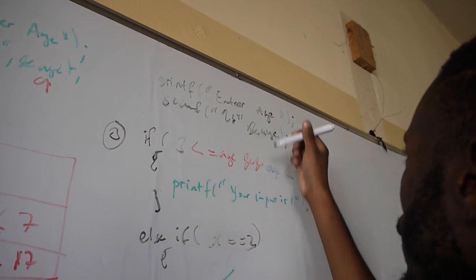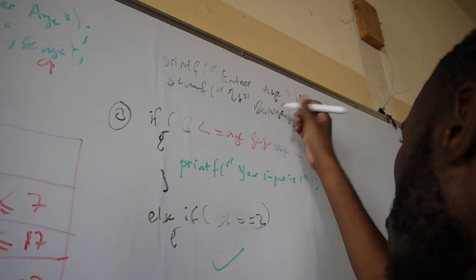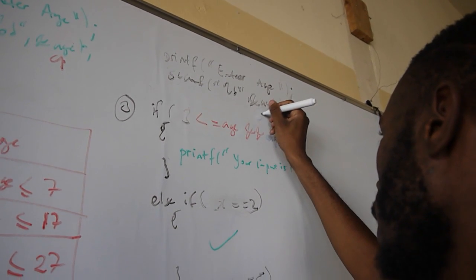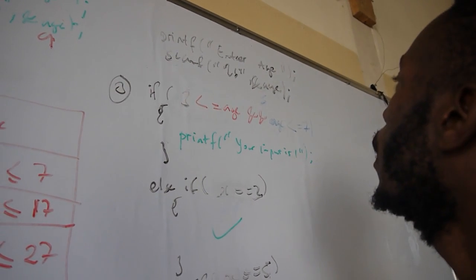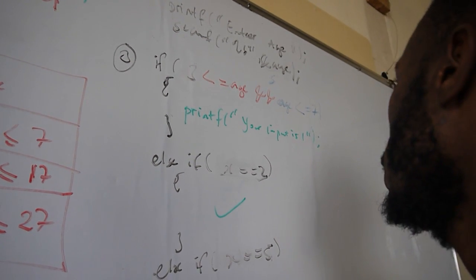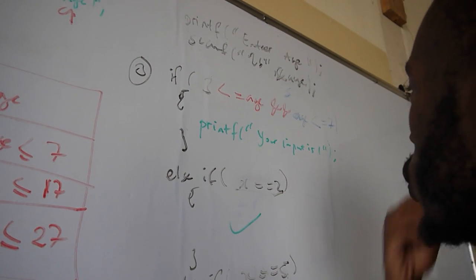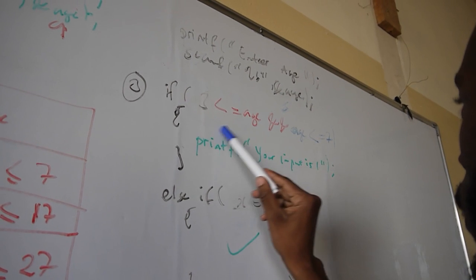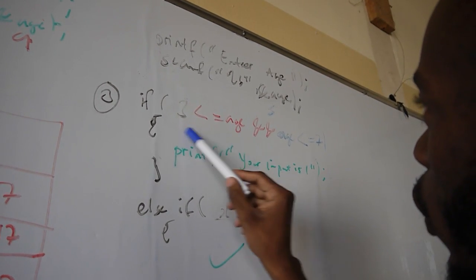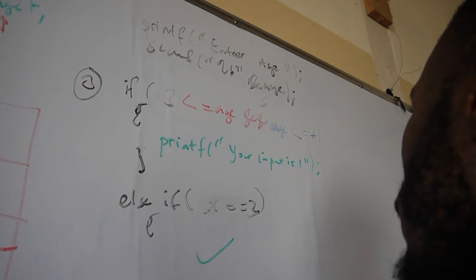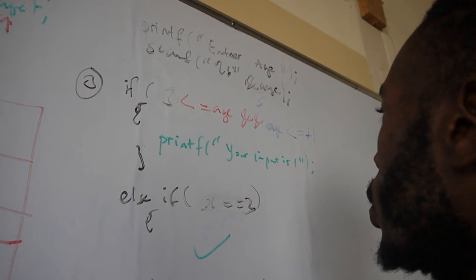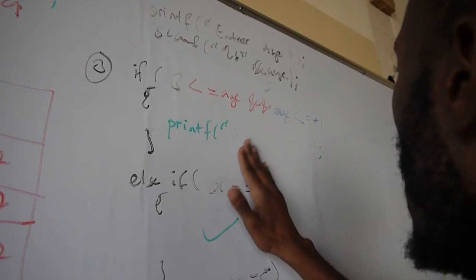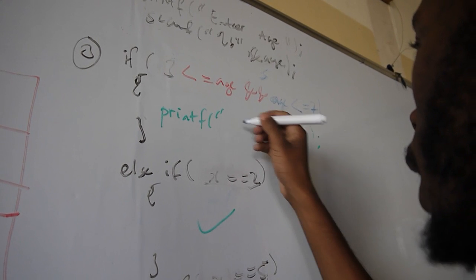So if someone enters age and the user maybe says 5, the variable age is going to store 5, and here we test if it's available here. So the condition suits this, so it's going to print you are supposed to be at primary level.